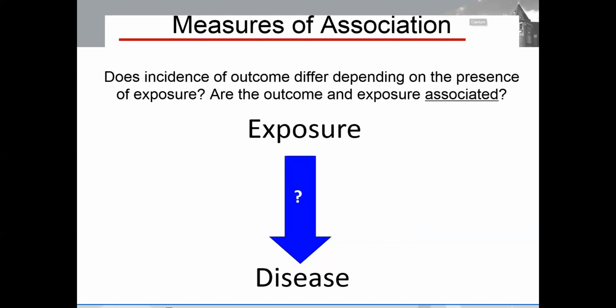As I explained, in epidemiology, we are mainly worried about the relationship between exposure and disease. So does the incidence of outcome differ? Remember, the outcome and disease are the same. Does the incidence of outcome differ depending on the presence of exposure? Are the outcome and exposure associated?